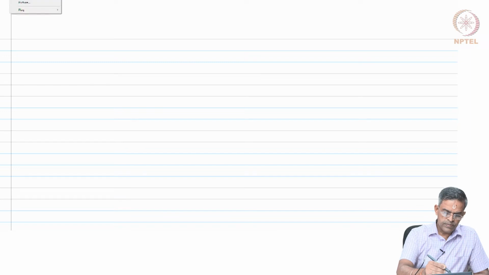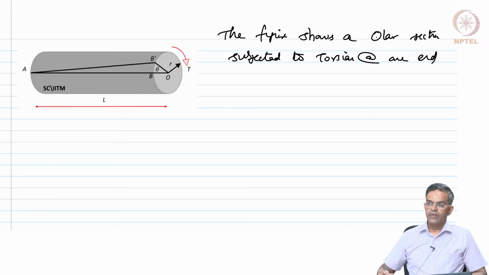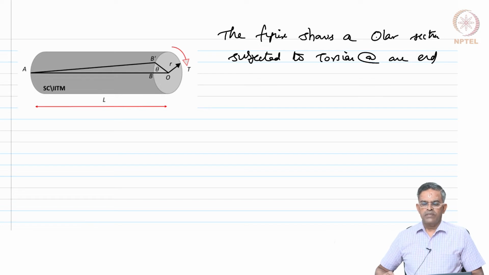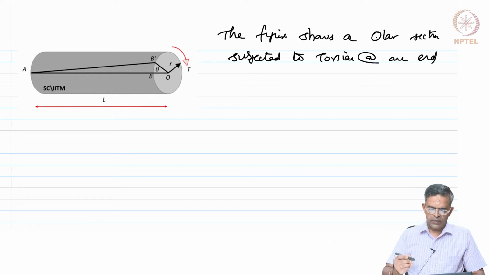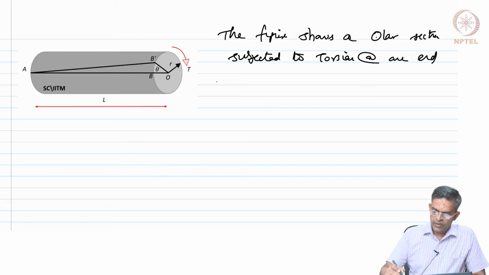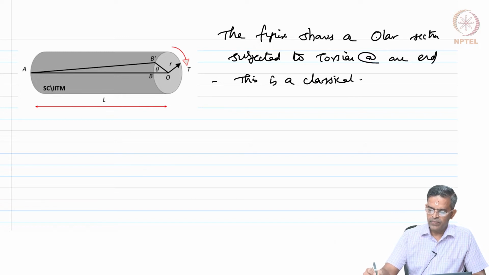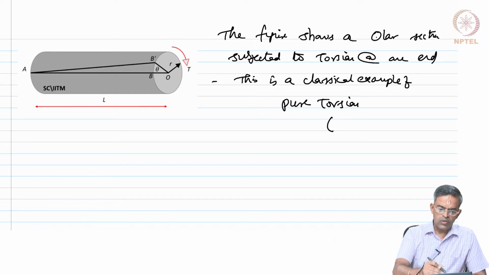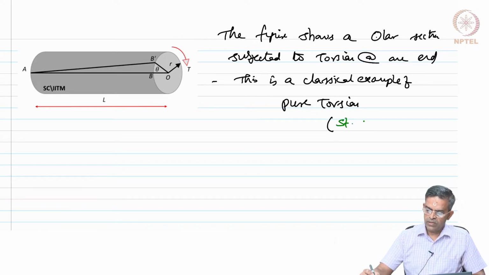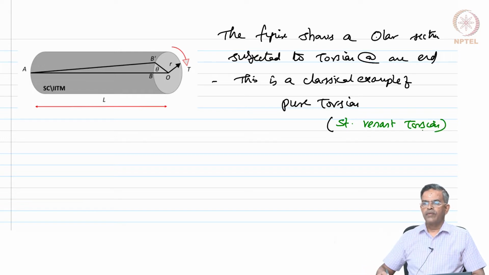In case of pure torsion, which is referred to as Saint-Venant torsion, this is a classical example of pure torsion. Let us try to understand this slightly in a better manner.